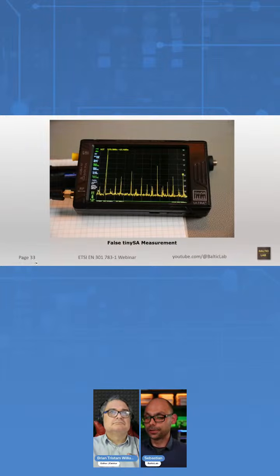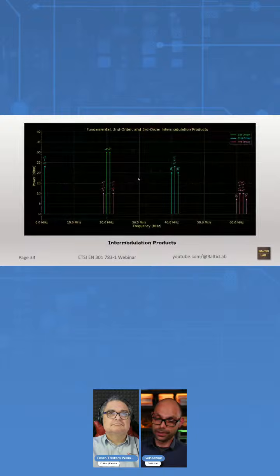There's a bunch of garbage in there, especially those clusters here. You can see that there's multiple peaks very close to each other, and it has the same amount of attenuators in front of it and even 10 dB of internal attenuation. What's happening here is, and this is just an old graphic from me about intermodulation products, anytime you push more than one signal into any nonlinear system, be it an amplifier, a mixer, or anything of the like, all those signals are going to mix with each other.